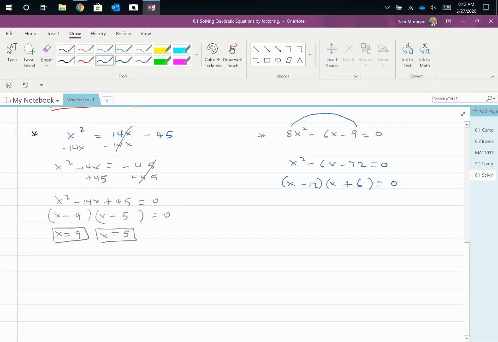So don't set this equal to 0 right now because we move the 8 over to the 9. Now we multiply 8 times 9. So we have to go ahead now and divide by that 8 that we multiplied by to set things right.